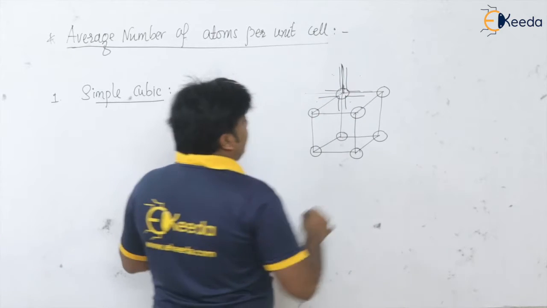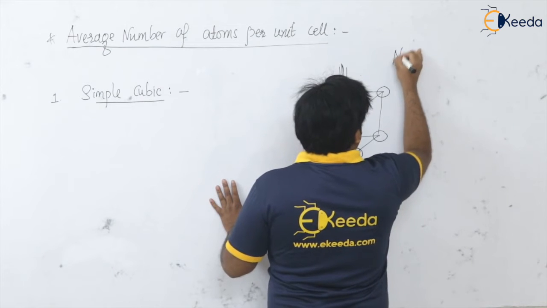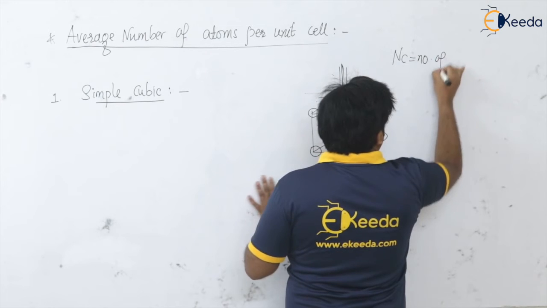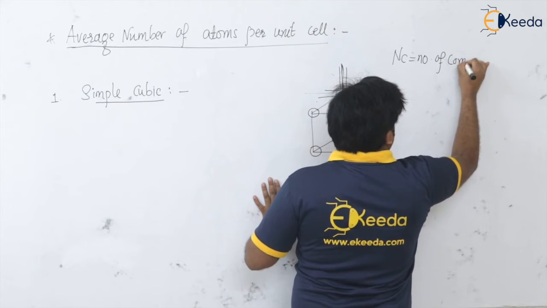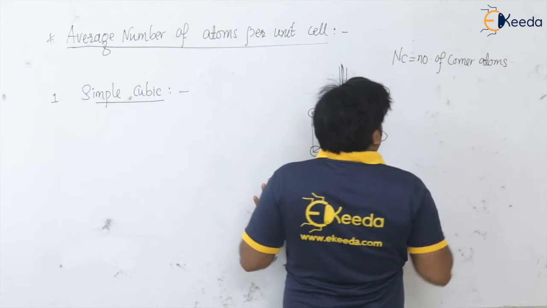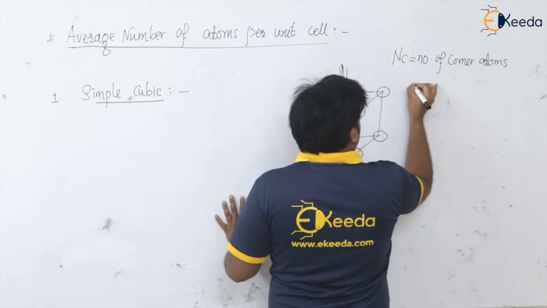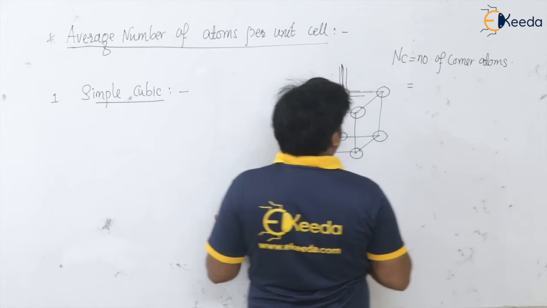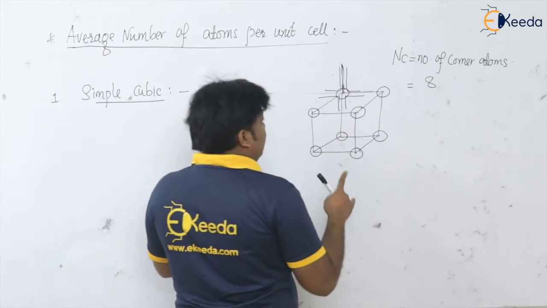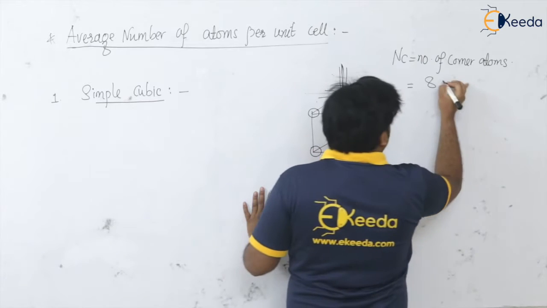So we can have the corner atoms in Nc. If I have the number of corner atoms, here number of corner atoms is 8 and how many cells is it going to share? The 8 cells.